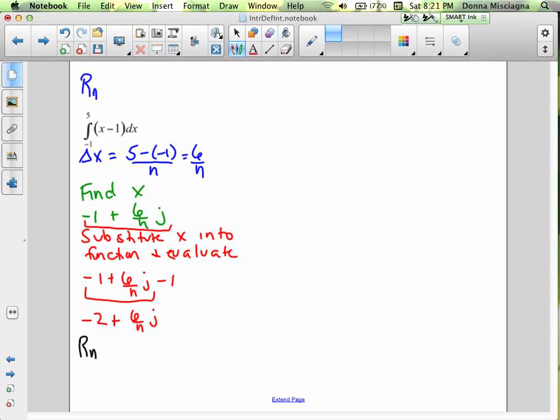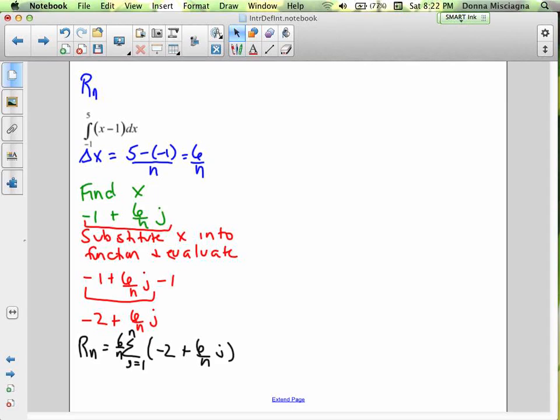So now let's write that as summing up all those rectangles. So our change in x times sigma, j equals 1 to n, of the function we're summing up, -2 plus 6 over n times j.